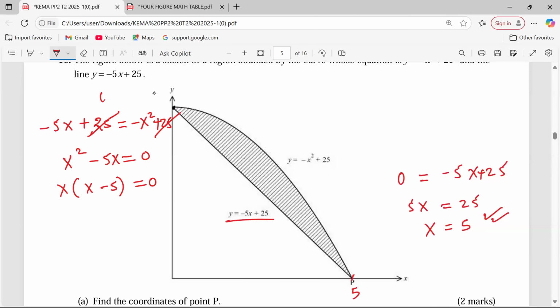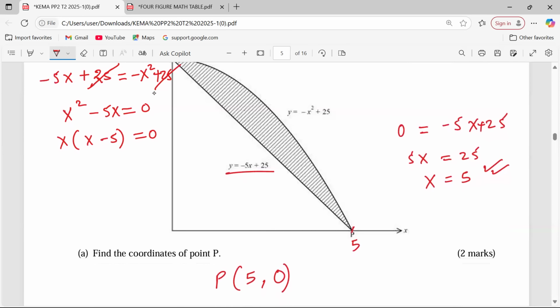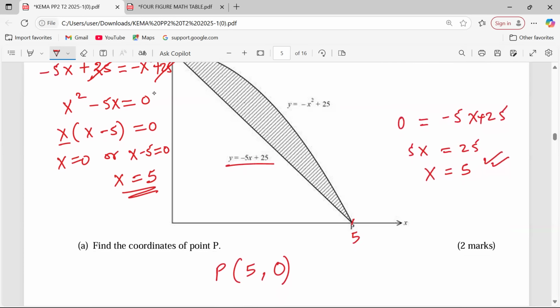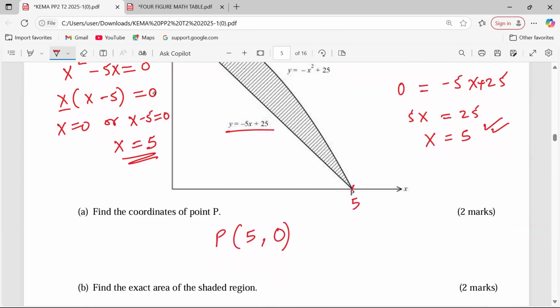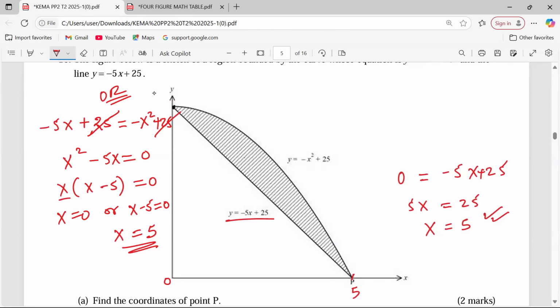This is an alternative way of getting the coordinate of P. We can also say that at this point, x equals 0 or x minus 5 equals 0, so x equals 5. According to where the position is, the value of x can only be 5 because we are not at the origin. That is the truth.